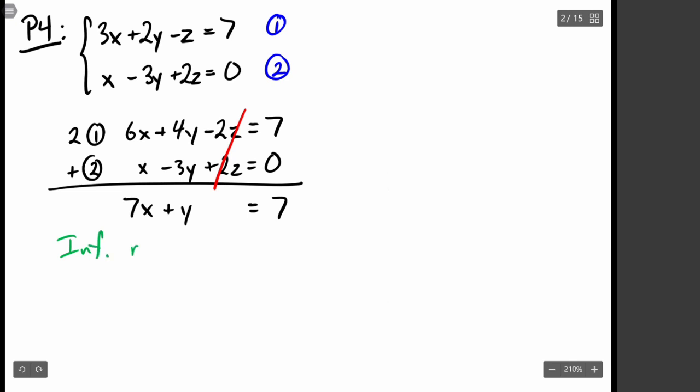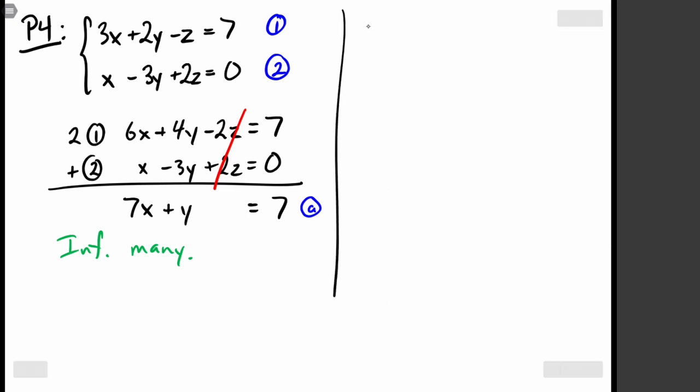So, infinitely many. So, how do we find the answer? Well, we're going to have to do the same thing we did before. So, let me call this thing here equation A.